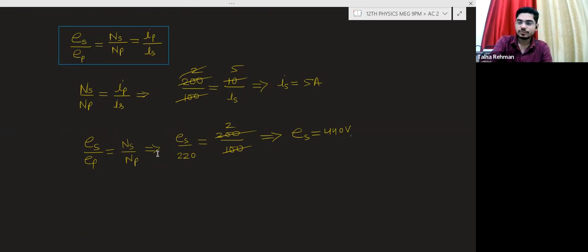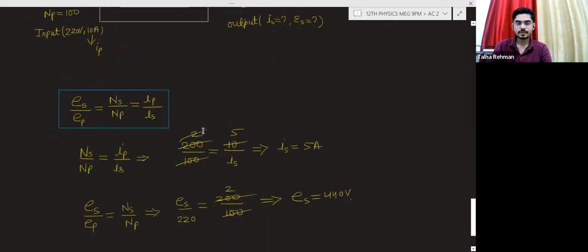I always advise students to make your own notes. If you are taking the screenshot, that also will be your notes. If you try to write something, the learning capacity of your mind becomes double, triple, and 4 times depending upon the person.